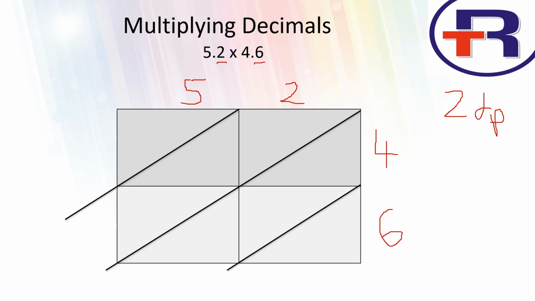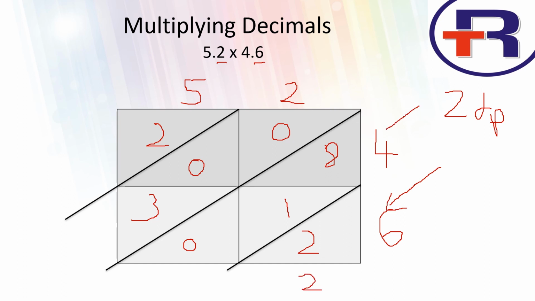2 times 4 is 8. 2 times 6 is 12. 5 times 4 is 20. And 5 times 6 is 30. We then do the addition, and we start in this bottom right hand corner. 2.